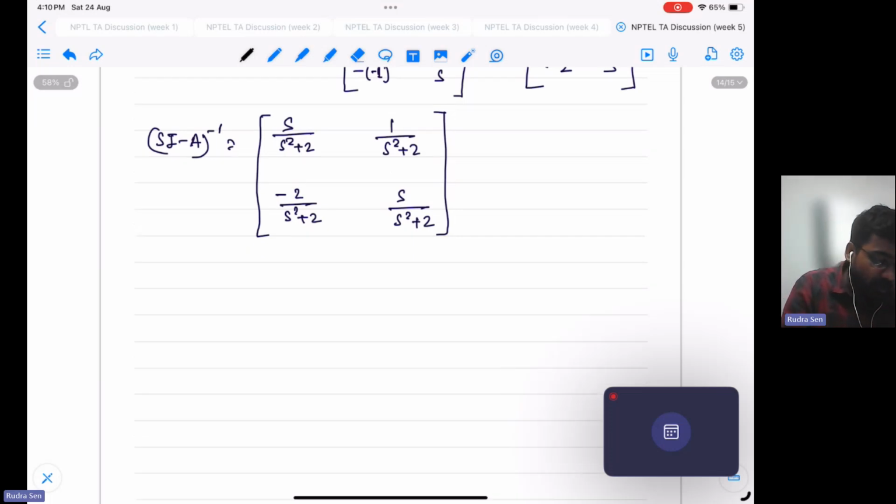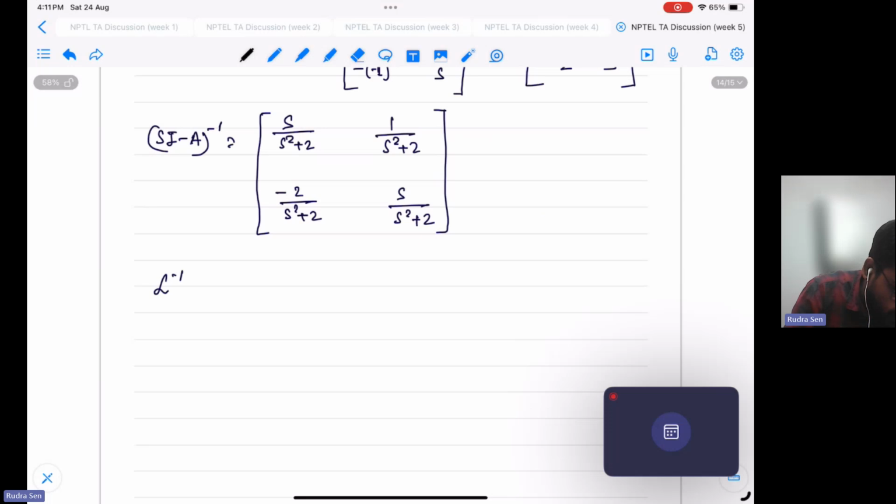Now you have to find the Laplace inverse of this (sI minus A) inverse.